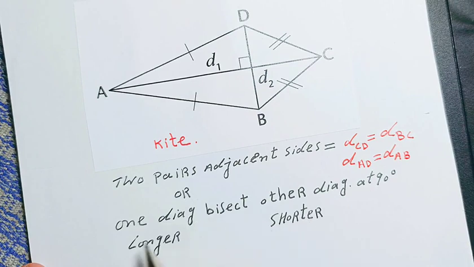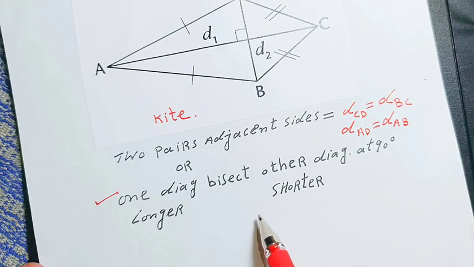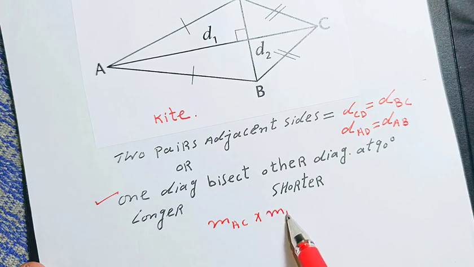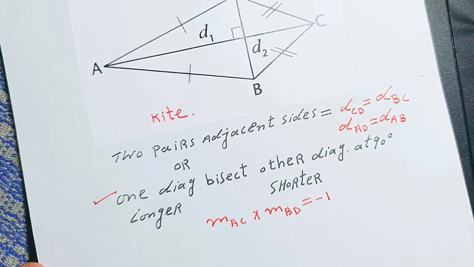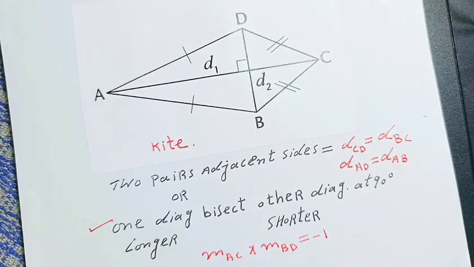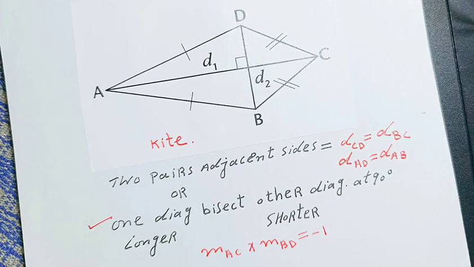And if you want to use the second approach, which I like, you're going to find the gradient of AC multiplied by the gradient of BD, which must be equal to -1. And if it is equal to -1, you can say this is a kite.